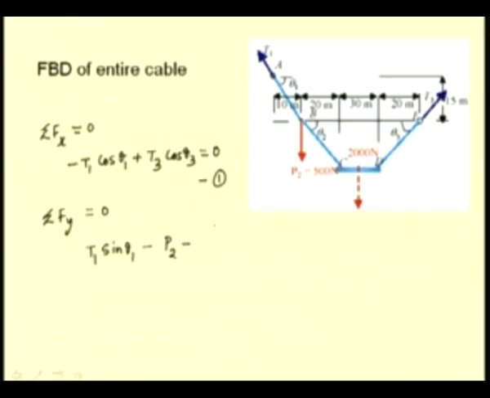So, minus, let us say W, which is the weight of the platform, which in this case is 2000 newtons. And then we have the vertical component of this tension plus T3 sin theta 3. Let us say this is equation 2.